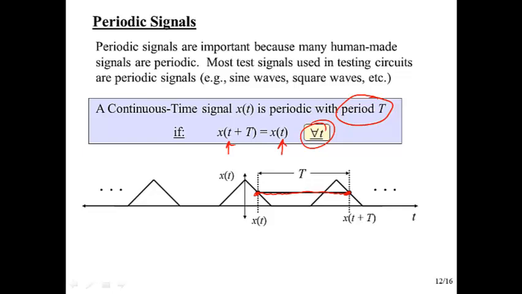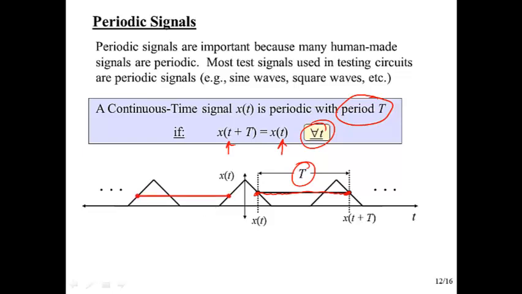And if it remains perfectly horizontal as it does that, then we say that it's periodic, and this is its period. And we'd like the smallest value of T. Obviously we could extend this over to here, and it works for that distance as well, but we want what's known as the fundamental period.